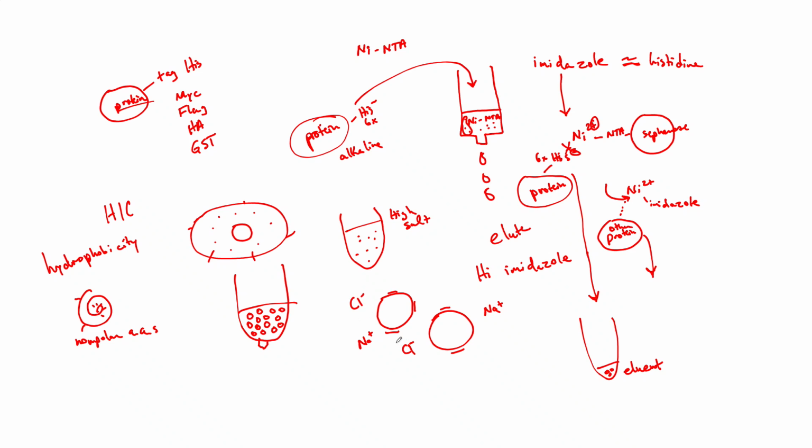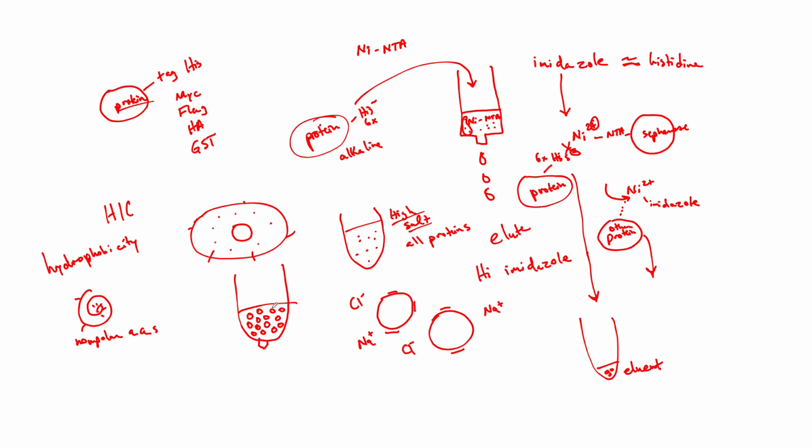They will not like being around these ions, these charged molecules, and so they would rather bind to these hydrophobic beads. And so with a high salt concentration, all proteins will probably bind to these beads because they all will have, to some degree, some hydrophobic patches on their surface, and this high salt will be sufficient to make all of them want to bind to these hydrophobic beads.